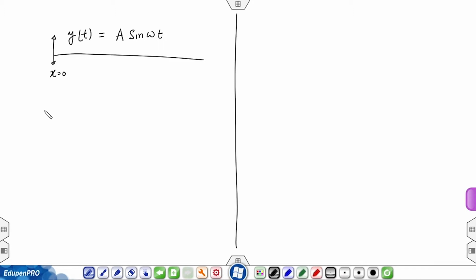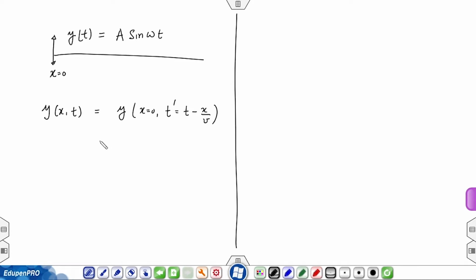Then, if you want to find y x t, we wrote this as y of x equals 0 at time t prime equals t minus x over v.